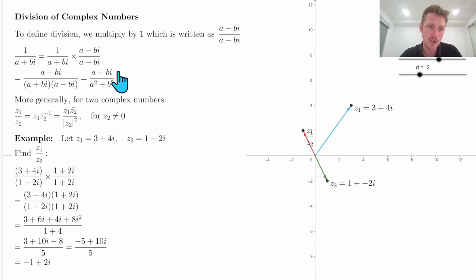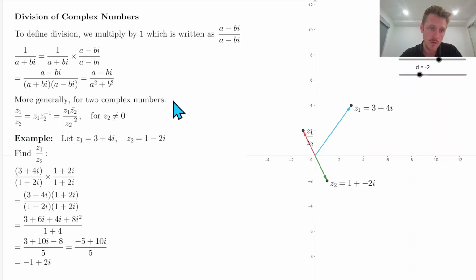But the inverse of z2 is this business. Okay? If we recognize that this top part is the complex conjugate, so z2 bar is the complex conjugate, and this part here is the modulus squared. Remember, the modulus is the square root of a squared plus b squared. If we square that, we get just a squared plus b squared.